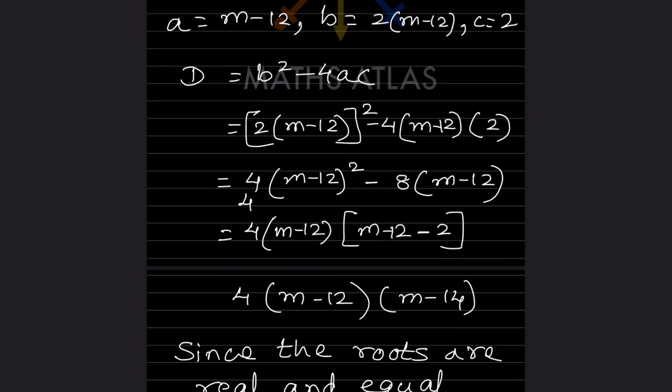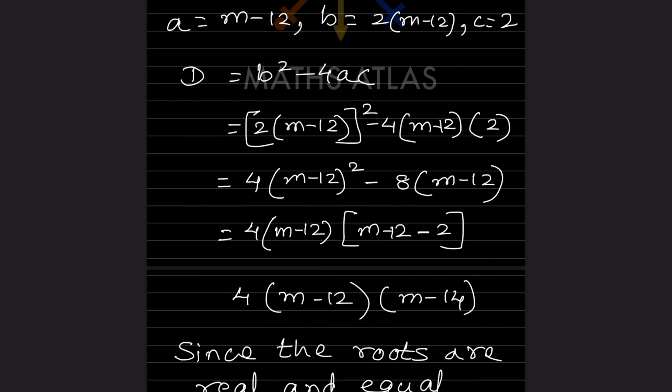We put here 4 into (m minus 2) common, and this will be minus 2, and we can add it together, that is m minus 2, or you can just skip it as it is. It's okay. Here is minus 2. Hope you got this, because this is going to be 8. And this is (m minus 2).